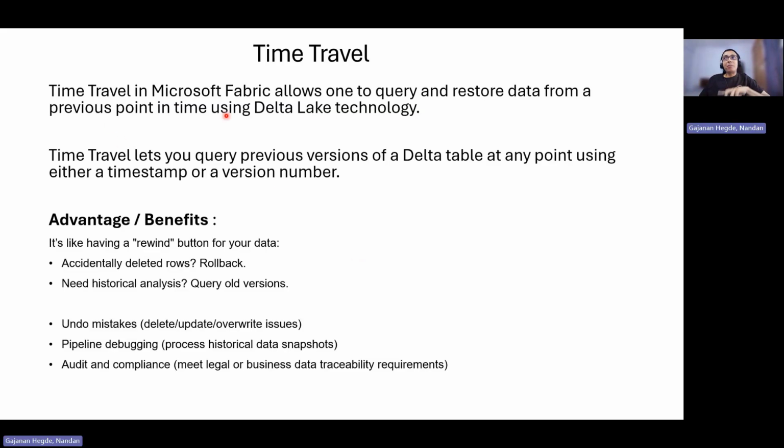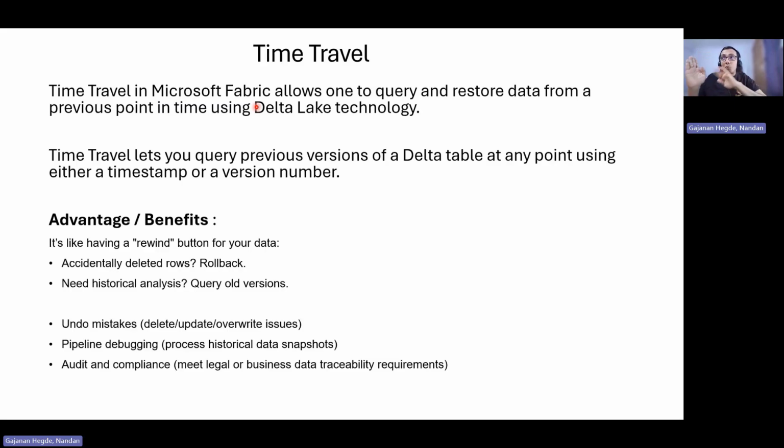So time travel in Microsoft Fabric allows one to query and restore data from a previous point in time using the concept of Delta Lake technology. Now this terminology is very critical and you will understand it is the reason that we are preserving the data in the form of Delta Parquet, wherein we do have the log transaction steps.